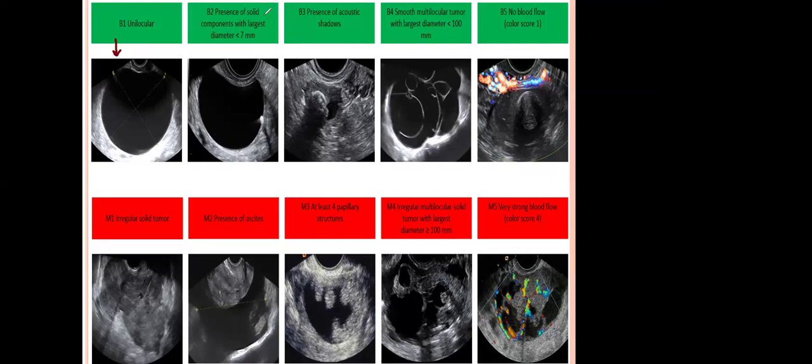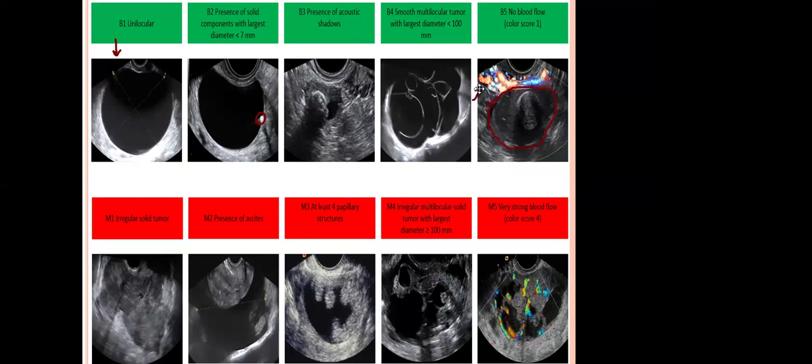If it contains any solid components, they should be less than 7 millimeters in diameter. Then there can be some acoustic shadowing, and the borders are very smooth with regular outlines, and there is no blood flow in the Doppler studies involving the lesion itself.